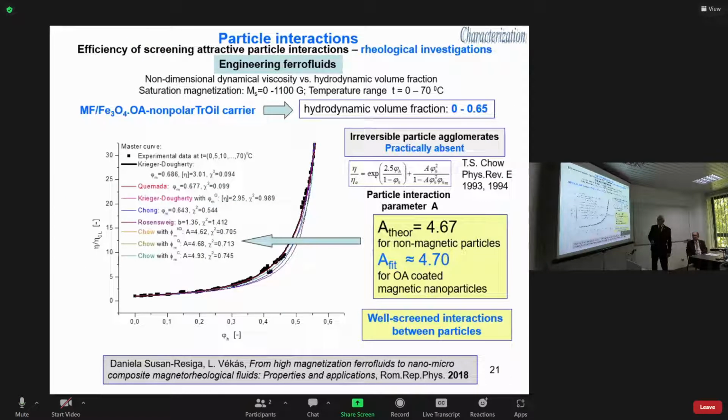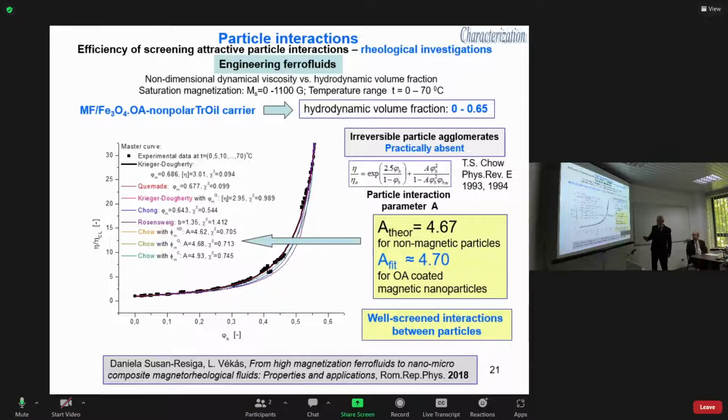Here, the rheological behavior, the volume fraction dependent viscosity, is a very important characteristic of any ferrofluid. And here is also the same conclusion. It's a very interesting model here for non-magnetic colloidal suspensions.